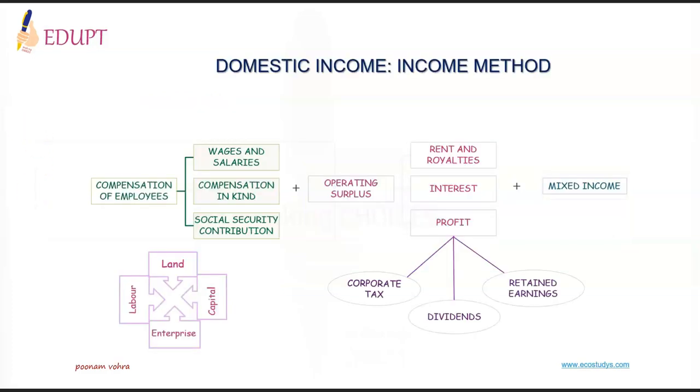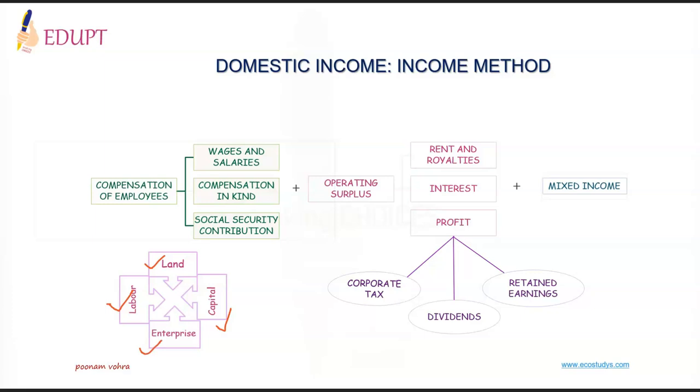To conclude, domestic income by income method comprises of income earned by the four factors of production, that is land, labor, capital and enterprise.